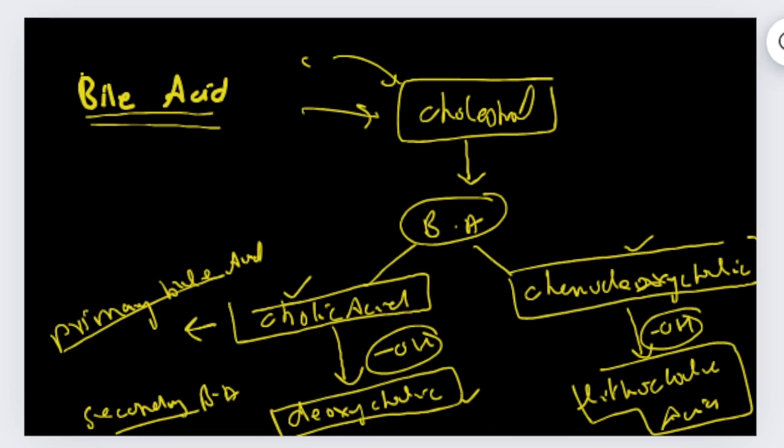If I show you how they are formed, their structure, then you will remember. Cholesterol has a four-ring structure like this, and to this carbon a hydrocarbon chain is attached.